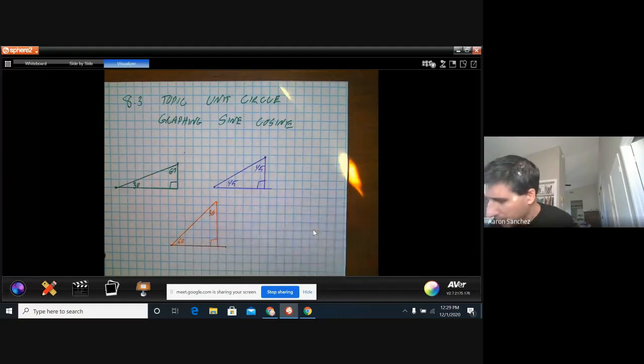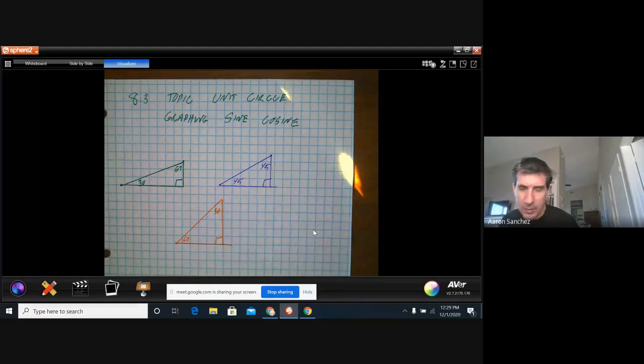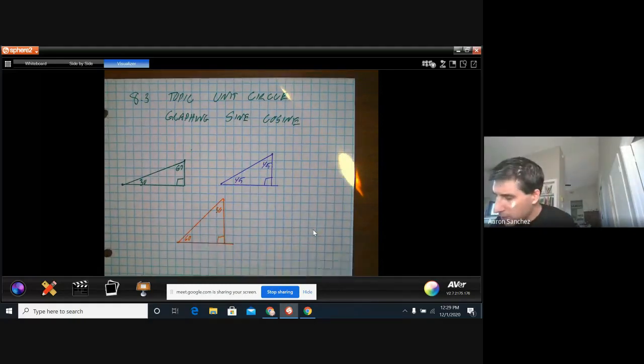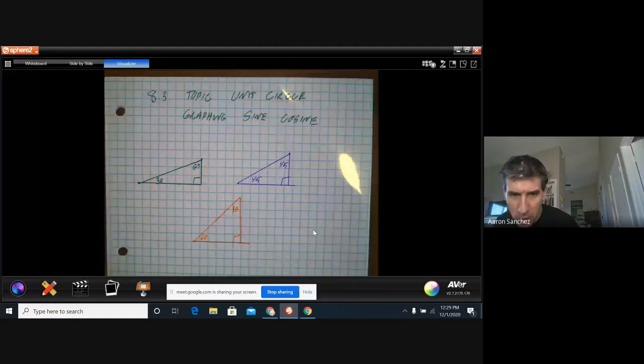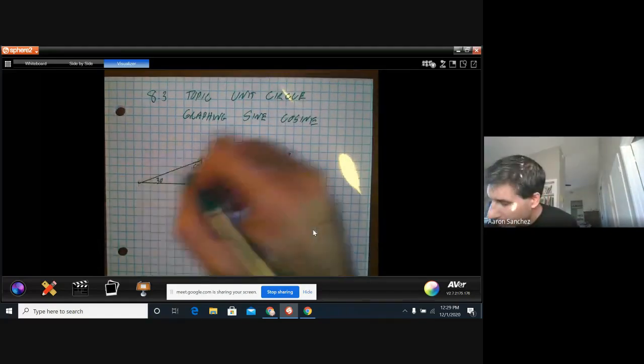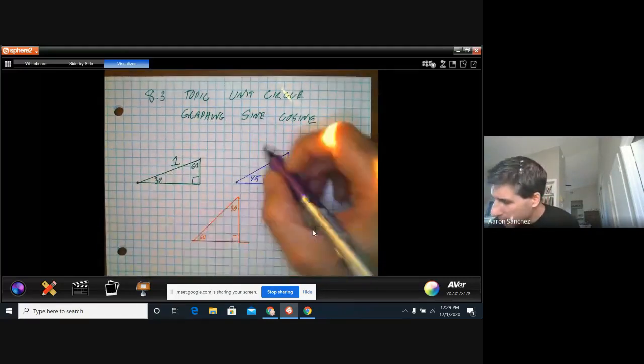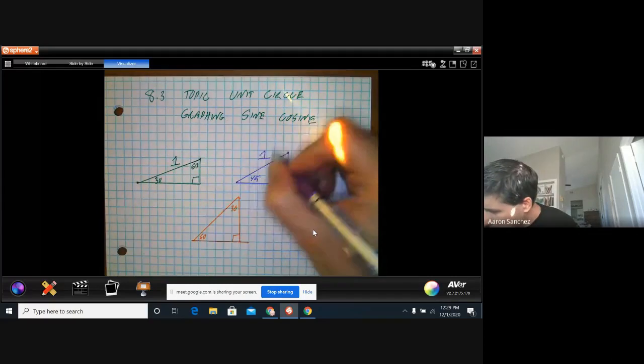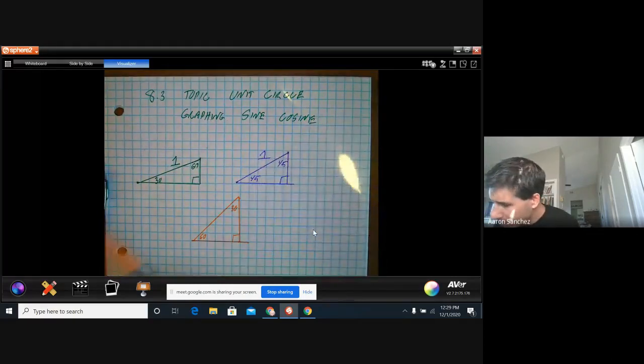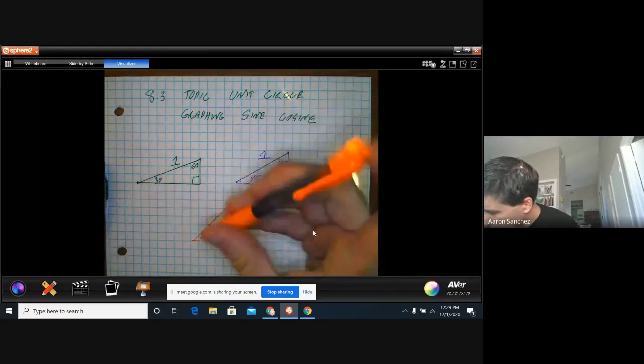We'll go like that, okay? I'm sorry they're not drawn to scale, but for each of these triangles, it's very important that you draw this with me. The hypotenuse is going to be 1 unit for all of these triangles.